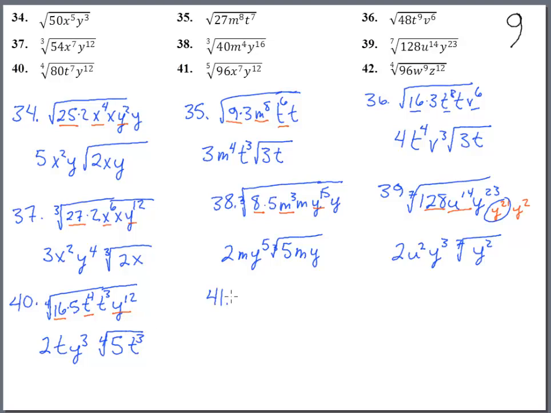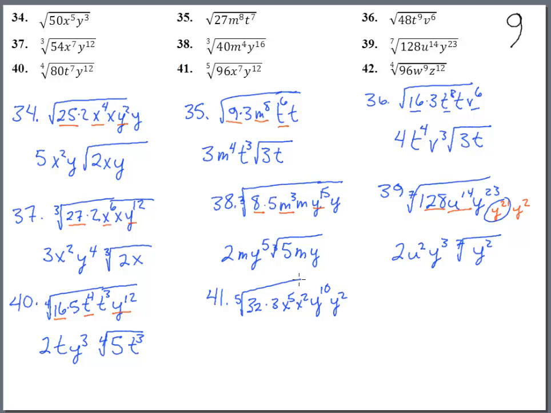Number 41. Fifth root of, let me see, perfect fifths. 1, 2 to the fifth is 32, 3 to the fifth is 243. So 32, I hope, goes into that. 32, 3 times. This is 32 times 3. And x to the fifth is a perfect fifth power, x squared, and y to the 10th will be a perfect fifth.